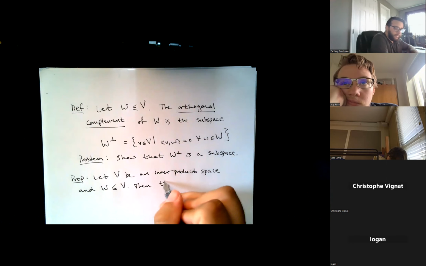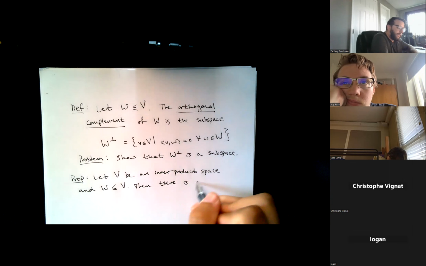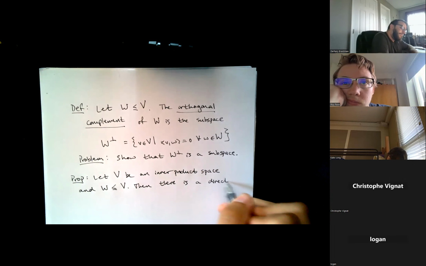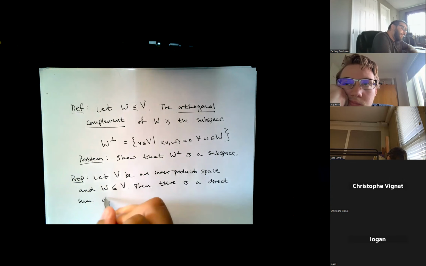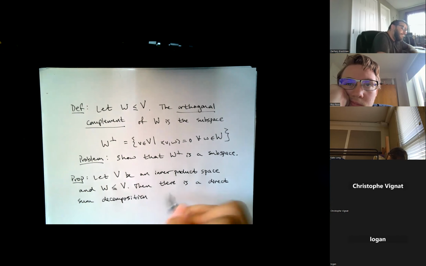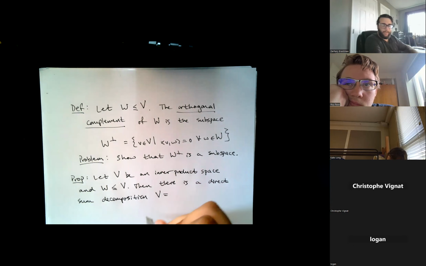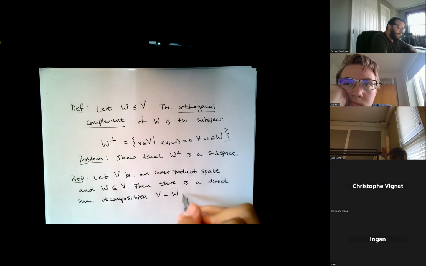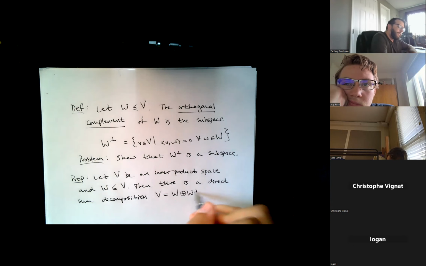Then there is a direct sum decomposition: V is W direct sum with W perp.